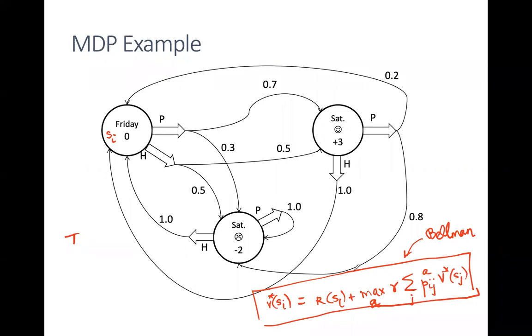So the right thing to do is to pick the best action for A, and the max does exactly that. You can think of it as iterating over all possible action choices and then picking the highest of these sums when putting this equation together.